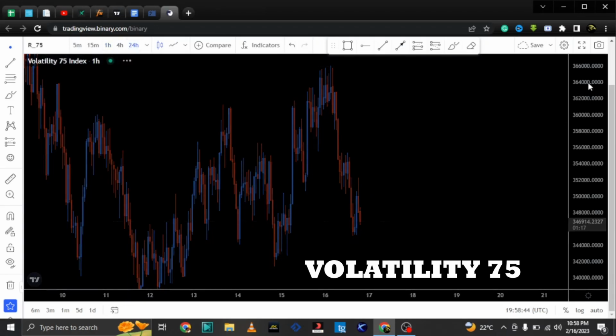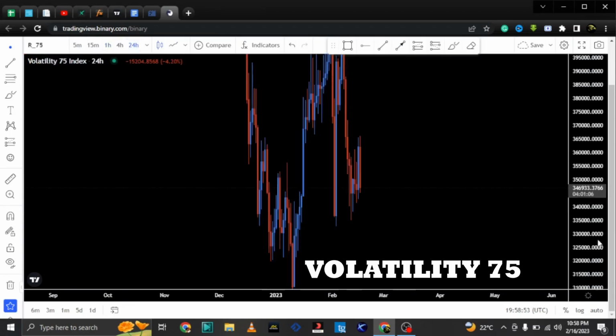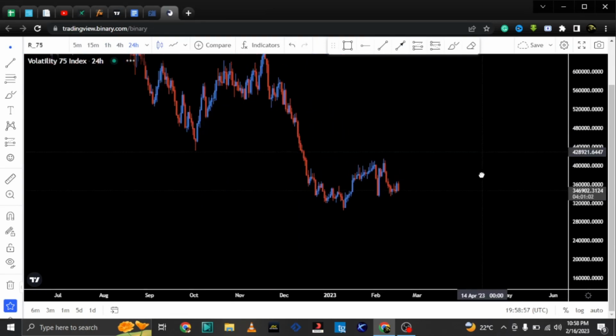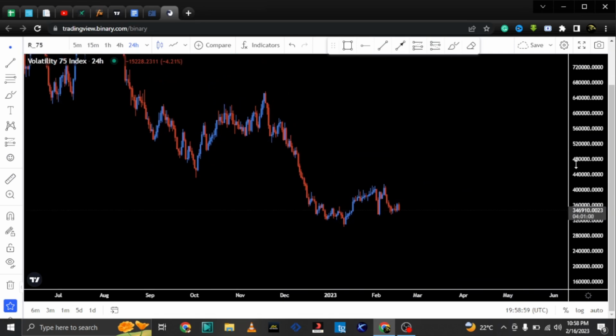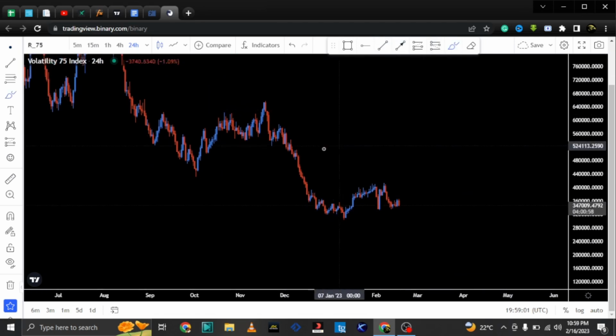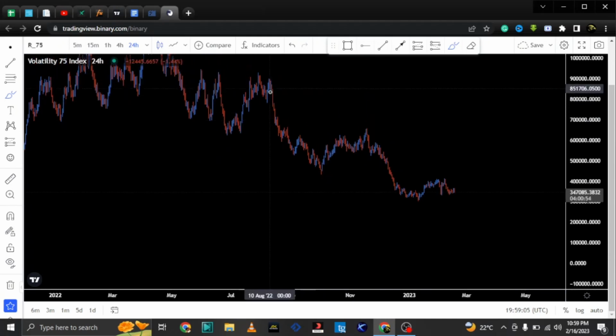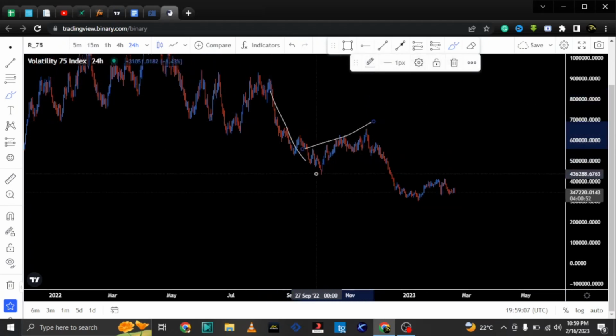All right, let's start from the daily time frame. So we are on the daily time frame, and as you can see, we are actually on a correction. Generally, you can see we're on a correction, because if you look at this, we had an impulse move, a correction, then we had an impulse move.